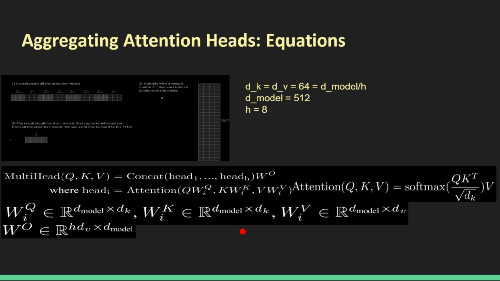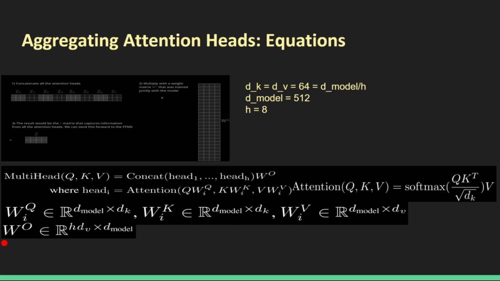Now, if you remember, these encoder layers need to have the same size of input and output, and self-attention layers need to have the same size of input and outputs, because they can be repeated, right? And to do that, you need this WO to bring all these vectors from size 64 to 512.